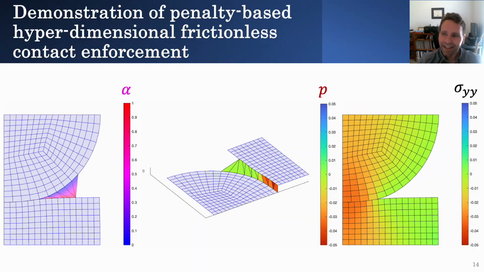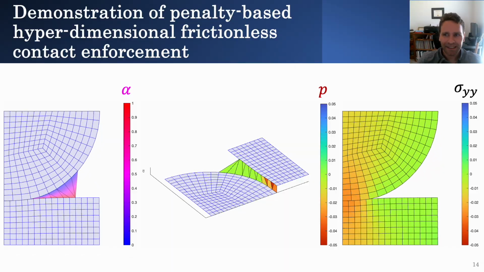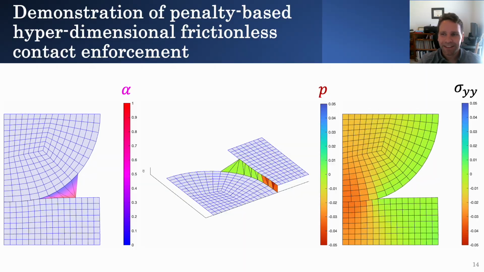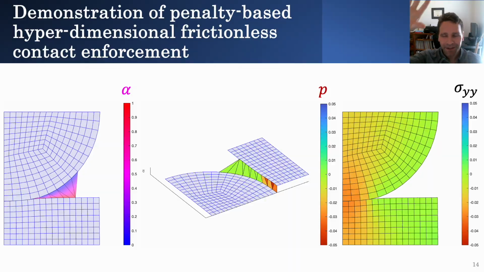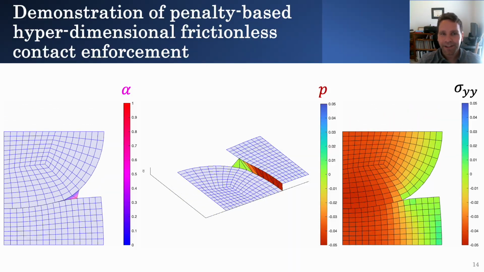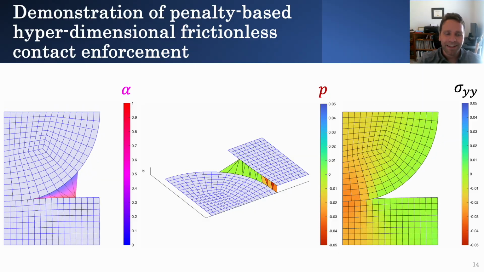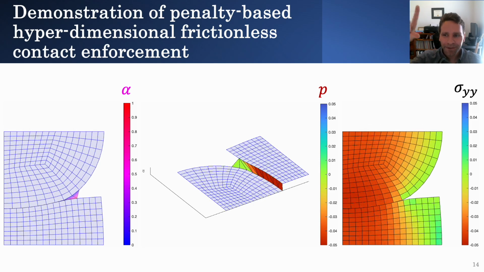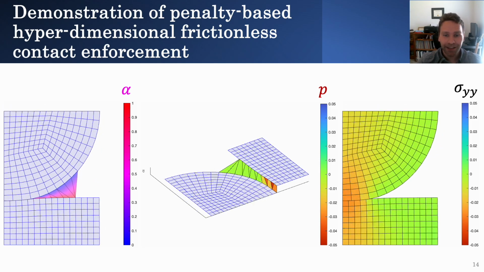That is actually partly a problem because it doesn't really give me a lot of flexibility to allow for that interface to conform to those two surfaces as they come into contact. So it's actually advantageous in certain cases to use more of these hyperdimensional interface elements through the thickness of that intermediate domain in order to actually get better accuracy.